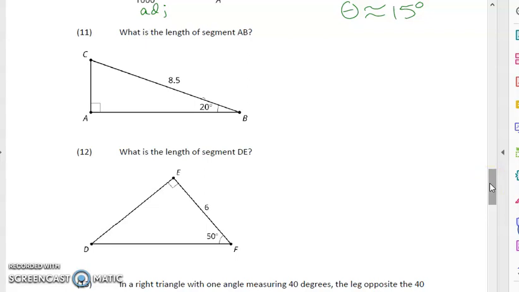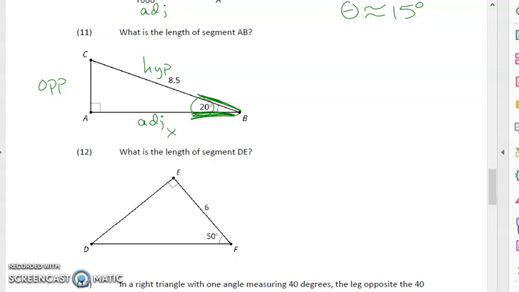Here, we're looking at the 20-degree angle answers in the table, and we're going to try to use those numbers to come up with the answer to length AB. I went ahead and shaded the 20-degree angle, so it means the AC is the opposite side, the hypotenuse is the 8.5, and the adjacent side is AB.